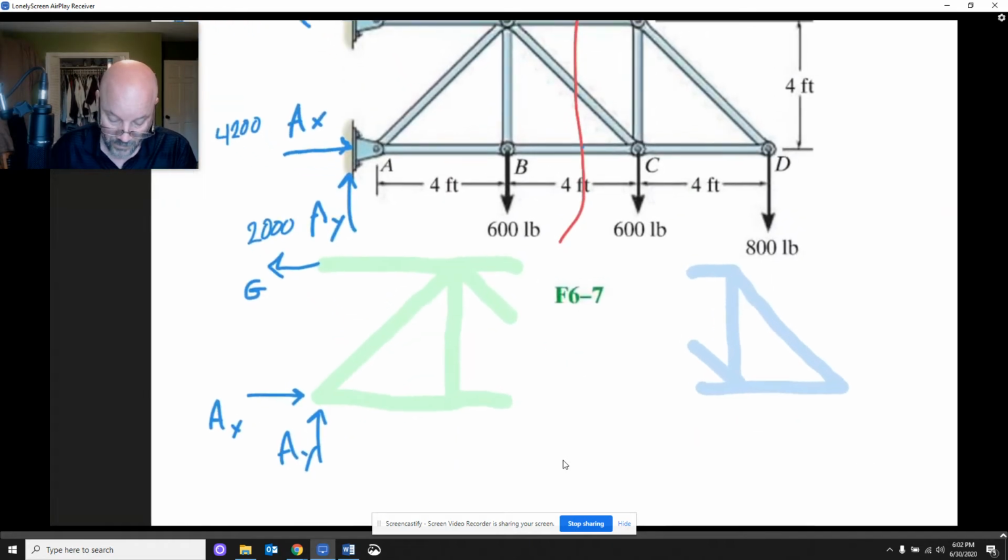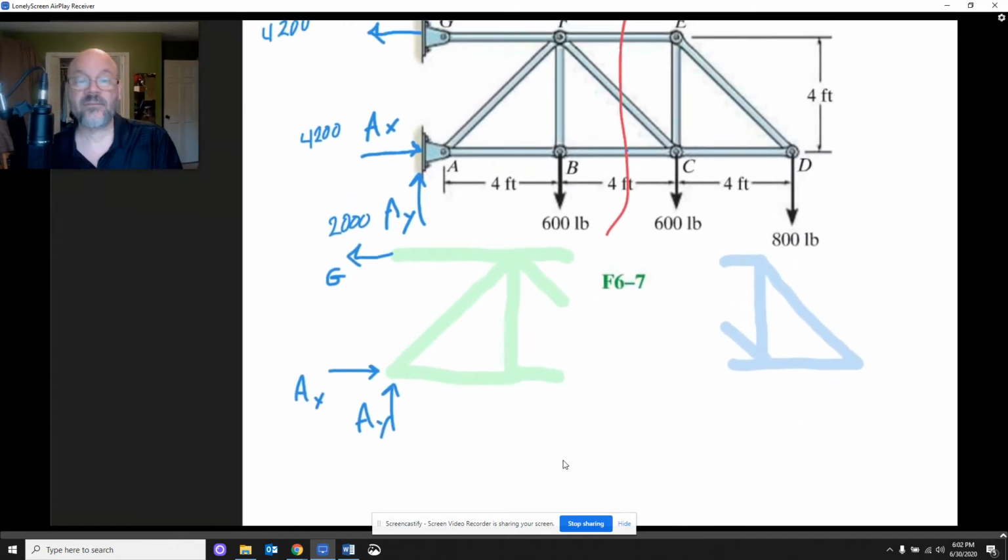But on this specific left-hand side piece, we're also going to have the external force here. Okay. And then we're going to treat the internal forces as if they were some external force or some reactionary force. So we might call them an internal reactionary force or something like that.